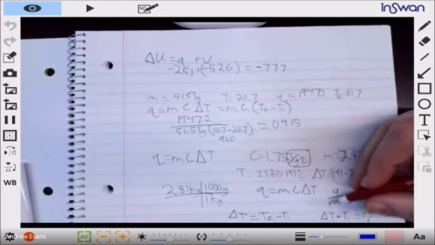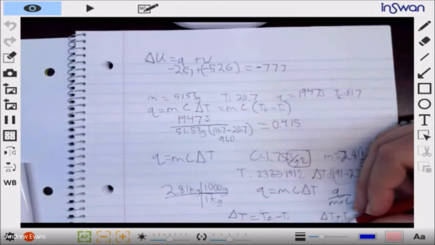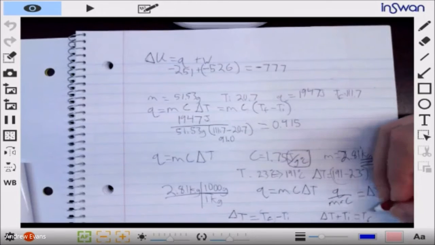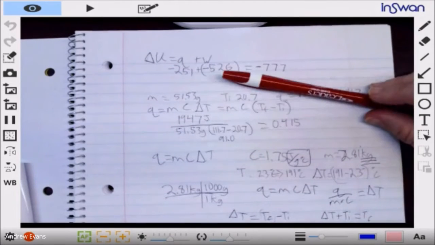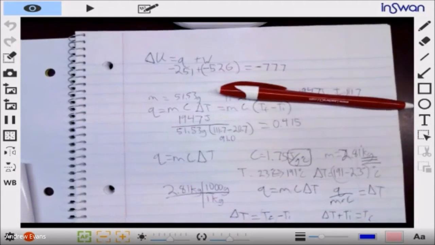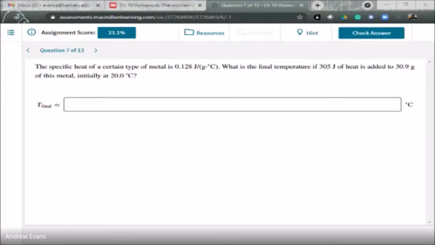So once you get the delta T, you can add 20 degrees onto it and get your TF. Please keep in mind, your initial temperature may not be 20 degrees. Your initial temperature may be 25. Just make sure you use the numbers for your problem.